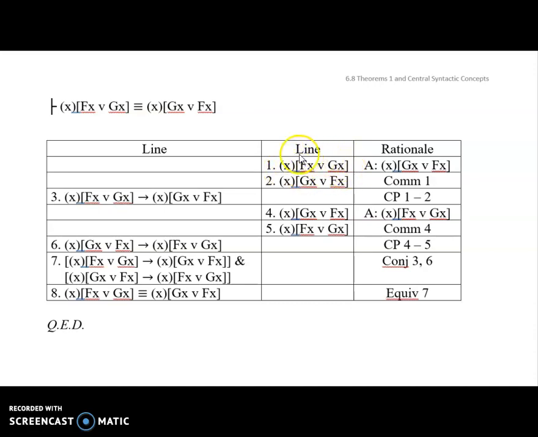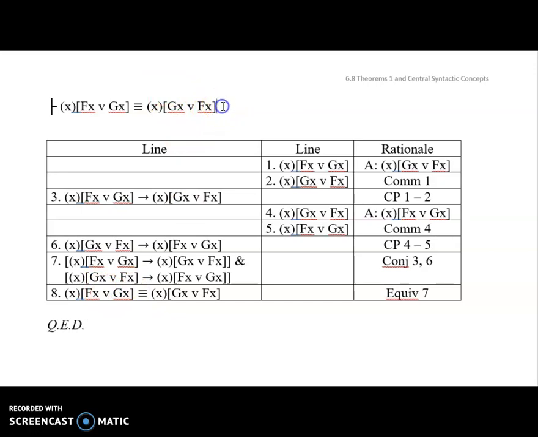So I assume the antecedent of the first one, I derive the consequent using com, and then I close out. I assume the antecedent of the right to left direction, and then I get the consequent again by com, and then I get the right to left direction altogether here in 6. I conjoin them using conjunction, and then I equiv back to the original.